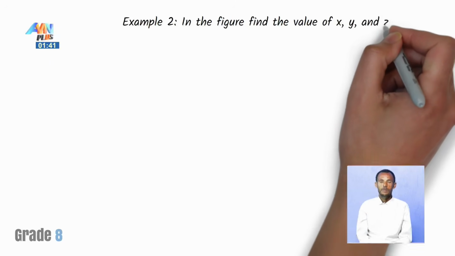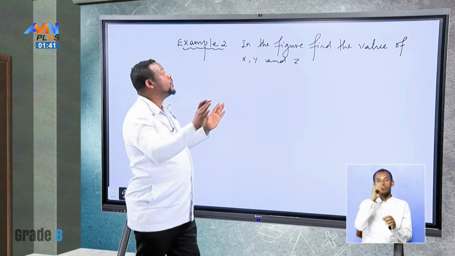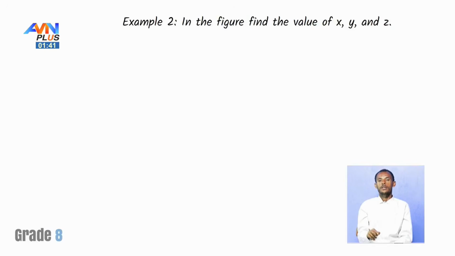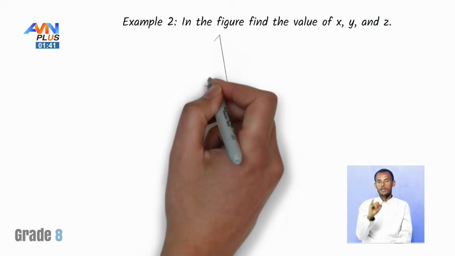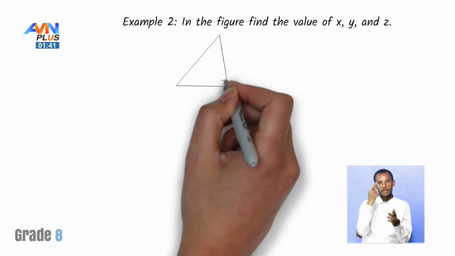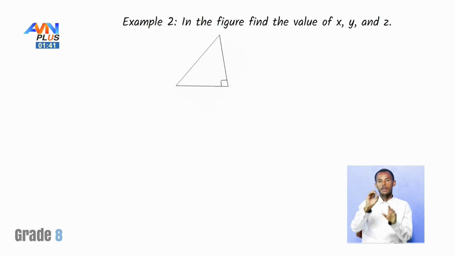In the second example, you are asked to find the value of x, y, and z where the triangle is of the form like this. Assume this is a right angle triangle, here 90 degree, and say this is the altitude drawn from the 90 degree to the hypotenuse.